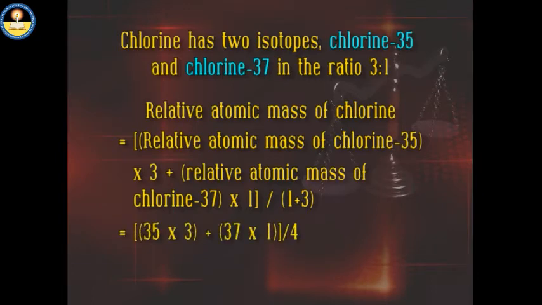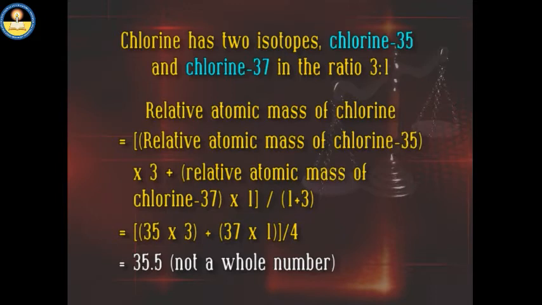This is equal to 35 multiplied by 3 plus 37 multiplied by 1 whole divided by 4. This again is equal to 35.5, which is not a whole number.